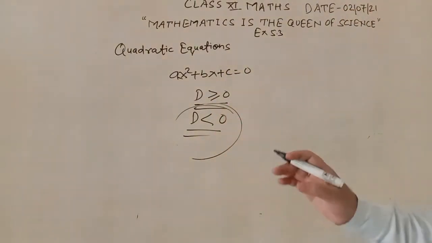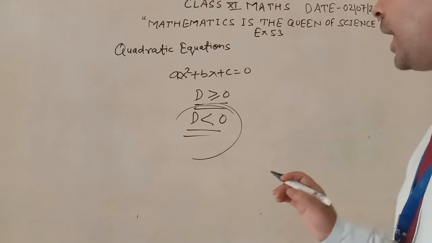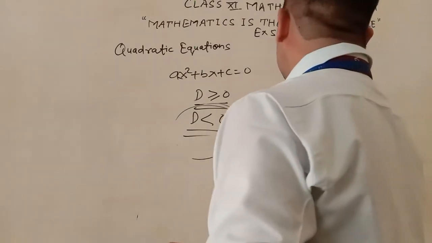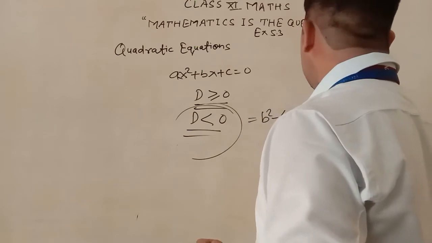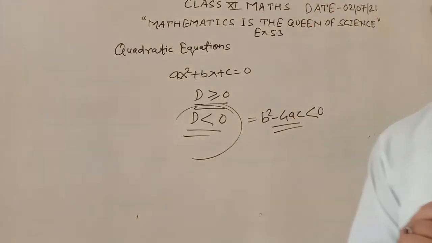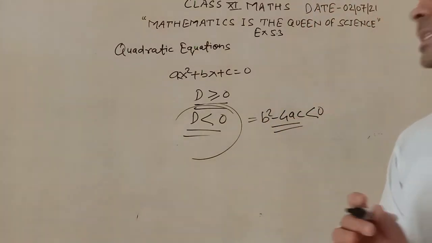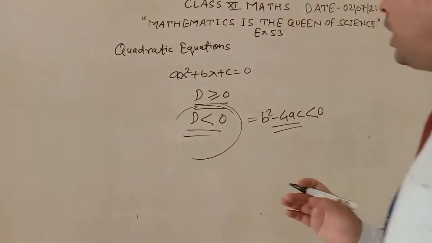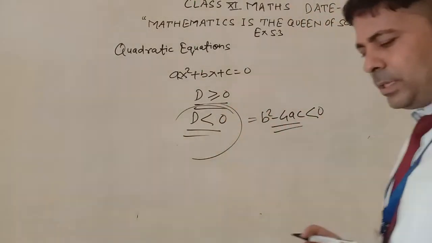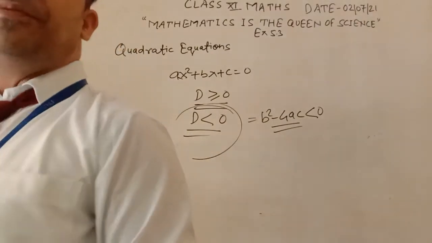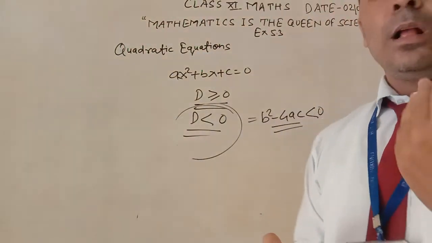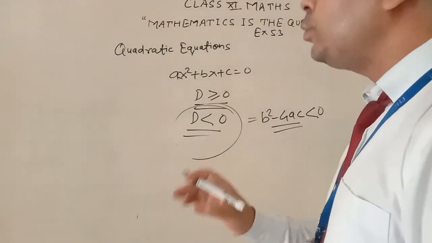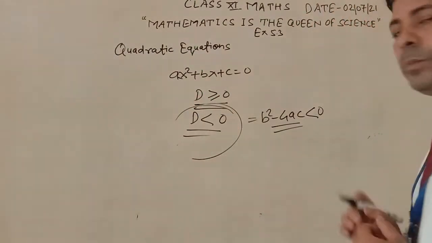Now in this segment we will study what happens when d, the discriminant b square minus 4ac, is less than 0, meaning its value is negative. Then how to solve the quadratic equation? In the previous exercise I told you how to solve a negative root.